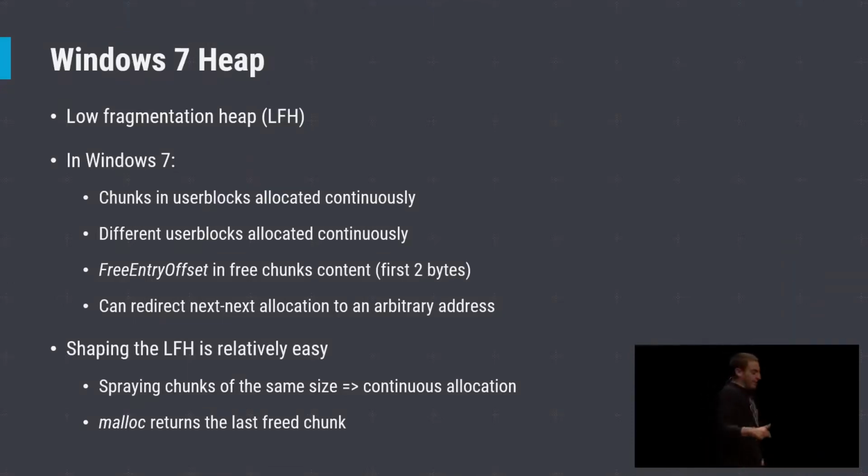Cool. The problem is that back then, in Windows 7, we have a metadata field called the free entry offset, which sits in the first 2 bytes inside the free chunk after the header, which means that it has no encoding and no XOR and no protection whatsoever. This metadata indicates to the allocator which chunk needs to be returned to the user in the next allocation.